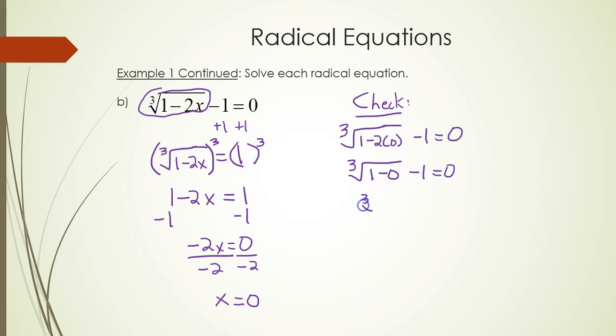Keep simplifying until you get to a solution that's absolutely true. Finally, we do get 0 equals 0, which is true. It does check. So x equals 0 is indeed a solution. So the key here is, well, check your solutions, of course, but isolate the radical first.